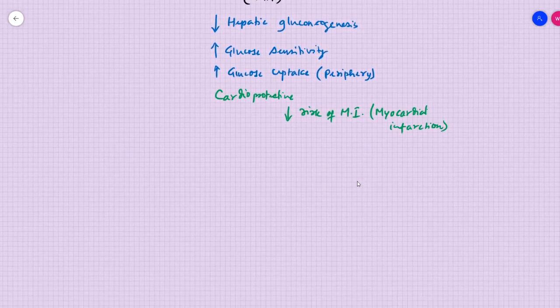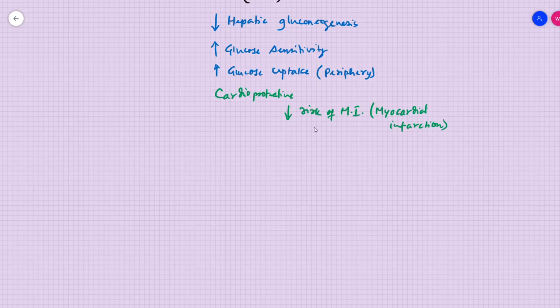It has got indirect cardioprotective effects as well by reducing low density lipoproteins, and it also decreases platelet aggregation. So all in all, we could say that it has got a beneficial effect on the cardiovascular system.